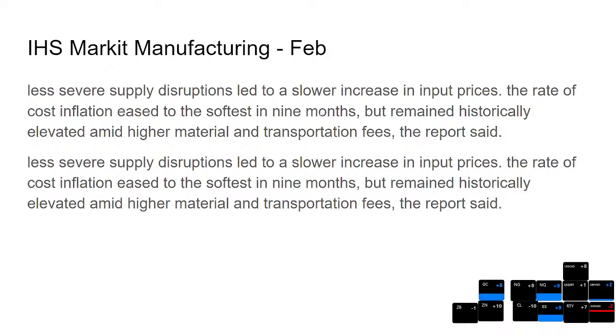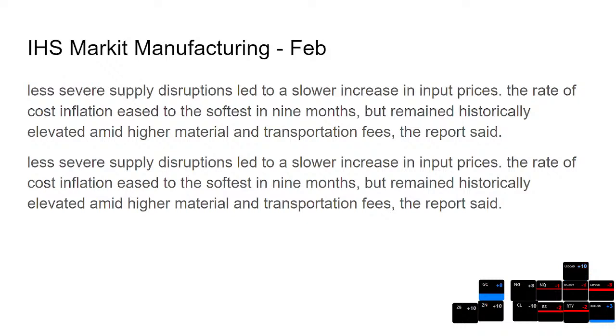So before the Ukraine conflict, the disruptions were slowly eroding away, and the PPI, or let's say the input prices, were actually starting to come back under control to a degree.